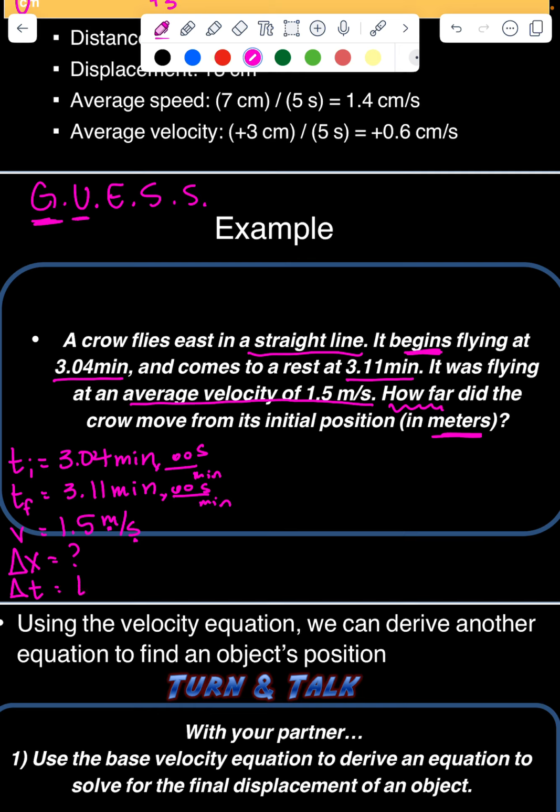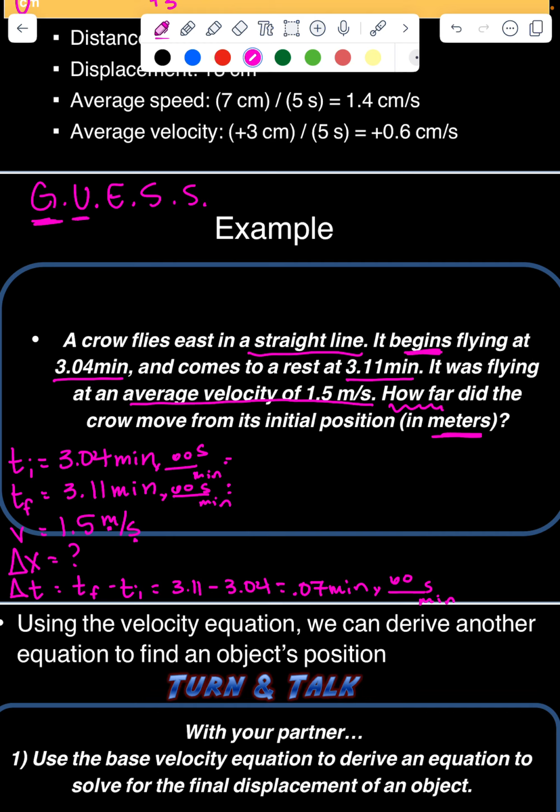Remember, delta t can be found by taking t final minus t initial, which means that is 3.11 minus 3.04, which gives us 0.07 minutes. So you can either do 2 steps up here or subtract right here and then just do 1 conversion down here. Either way, you're going to get the same thing.